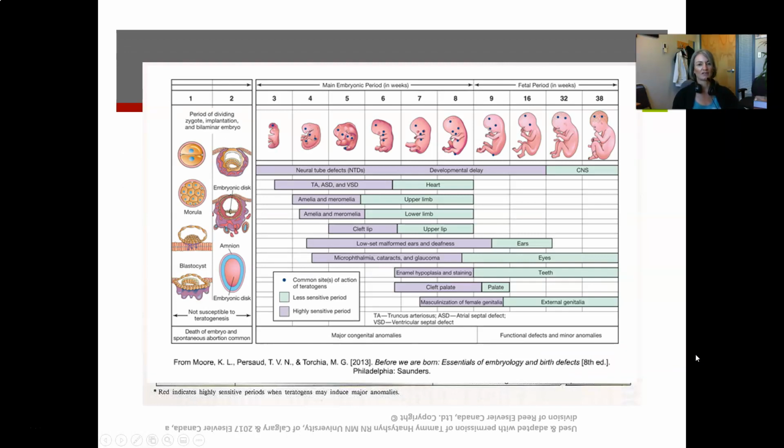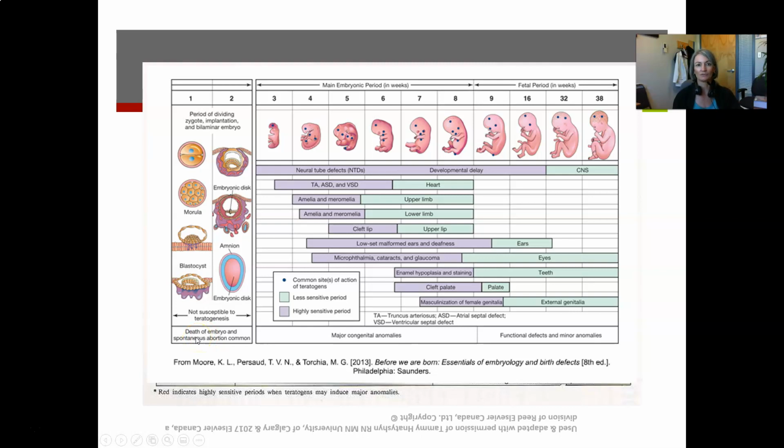And with that understanding of genetics and getting a good health history and looking at the family history, we also need to have a really good understanding of how the fetus develops. So we know that in this first couple of weeks, usually a point in time when people don't even know that they're pregnant yet, there are possibilities for, you notice down here it says death of embryo and spontaneous abortion is common in this period of time, but often this is before people even know they're pregnant.